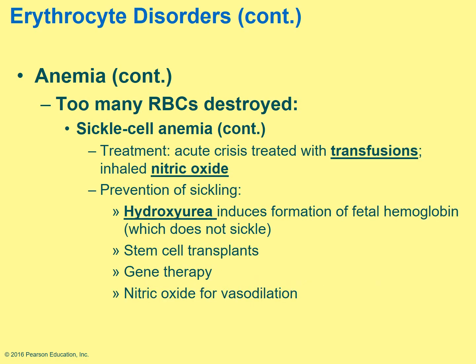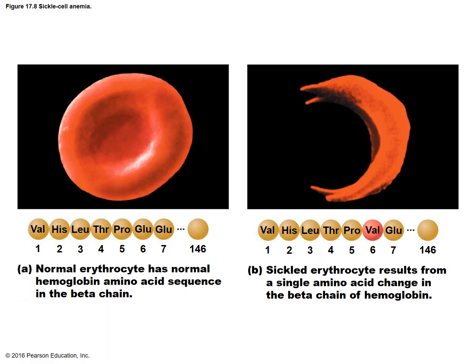Treatment for sickle cell anemia in acute cases, you can have blood transfusions. If you keep high levels of oxygen, you do not get the formation of the sickle cells. They're also looking at stem cell transplants and gene therapy, so they're looking at several. This shows the difference in the shape, the normal erythrocyte versus the sickle cell.